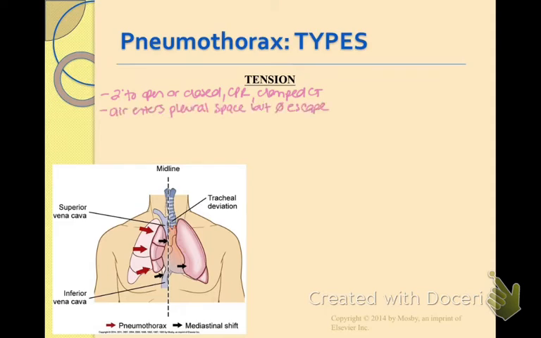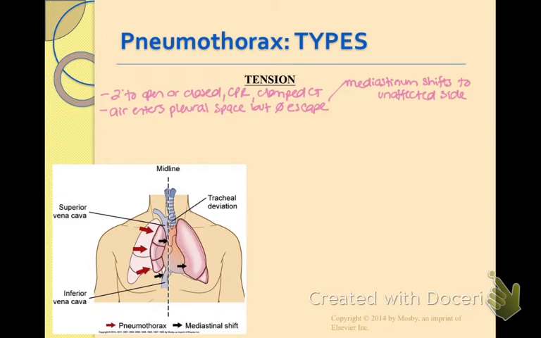And what happens is that air will enter the pleural space but can't escape. That's why, when we talk about a penetrating wound, we do the vented dressing, the three-way dressing, so that trapped air can get out. But when you can't get that trapped air out, a tension pneumothorax occurs.